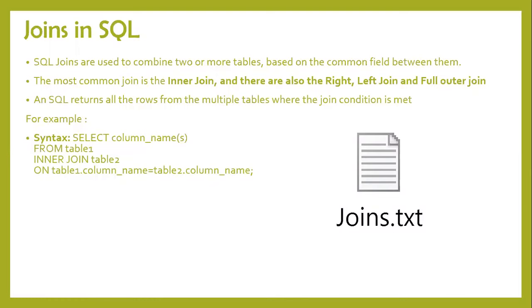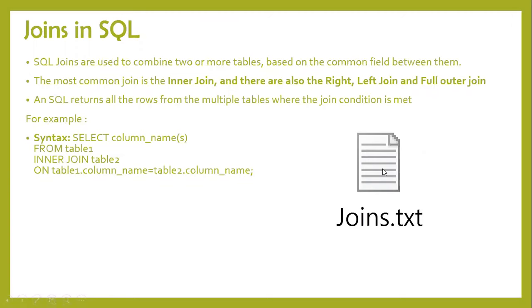So you have the inner join, which is the most common kind of join. You also have the right and left joins and the full outer joins, right? And what an SQL statement does is that when you write a join statement, it returns data from both of the tables wherever the join condition is being met. So important thing is that the join condition needs to be met.